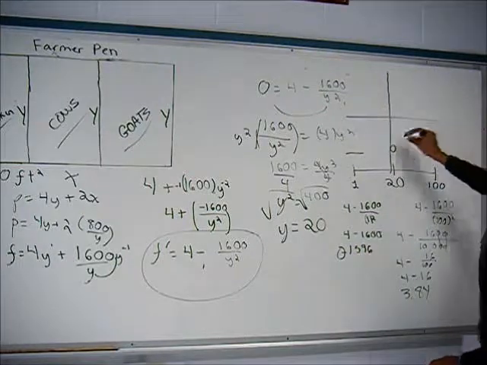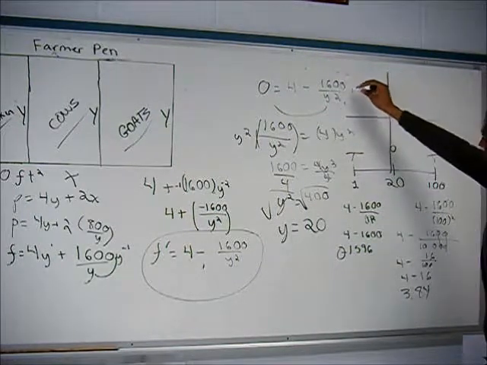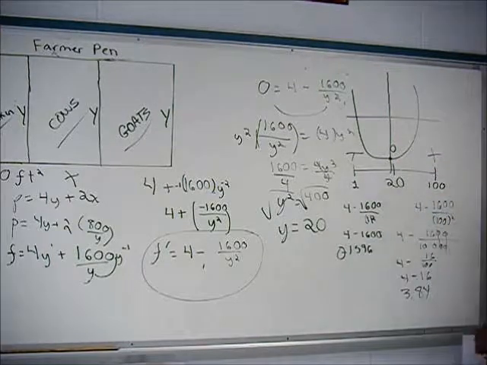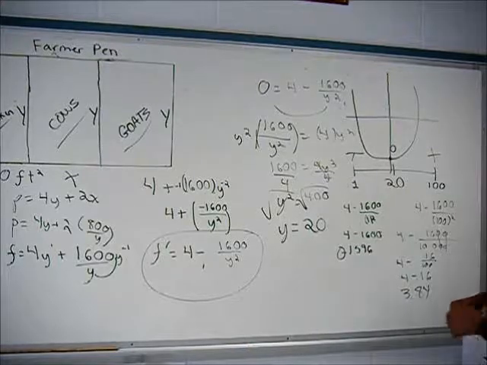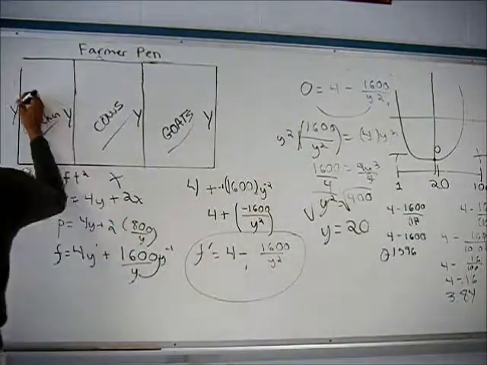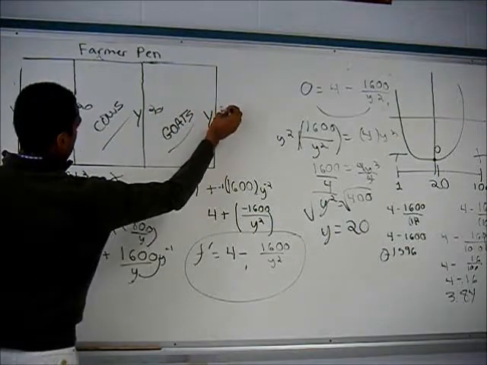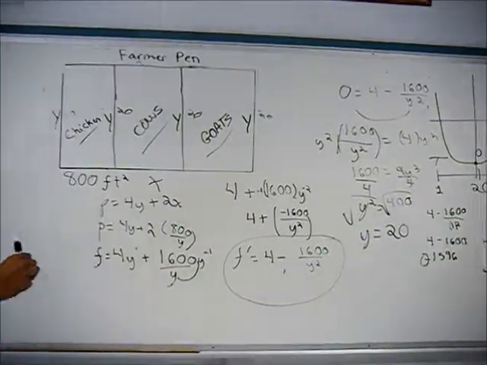So you have found a minimum. So now is 20 the x or the y value? Y value. 20 is the y value, so that's the length of those y values. And if you wanted to find x, you don't even have to do it, but of course you could plug in 20 into the original area equation, couldn't you?